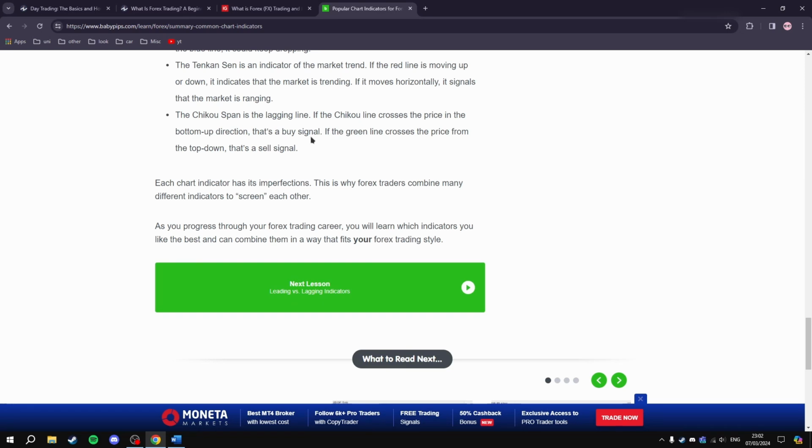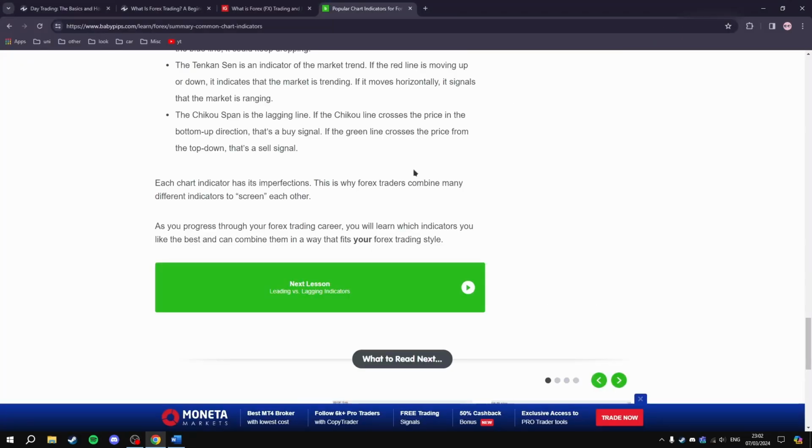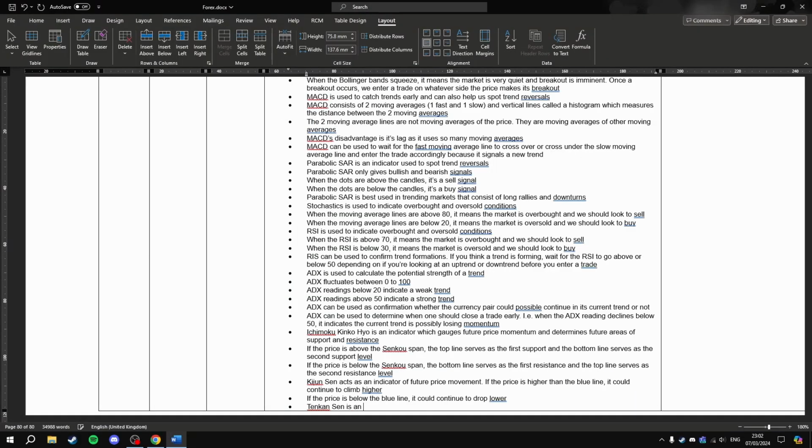Tenkan-sen is an indicator of the market trends.